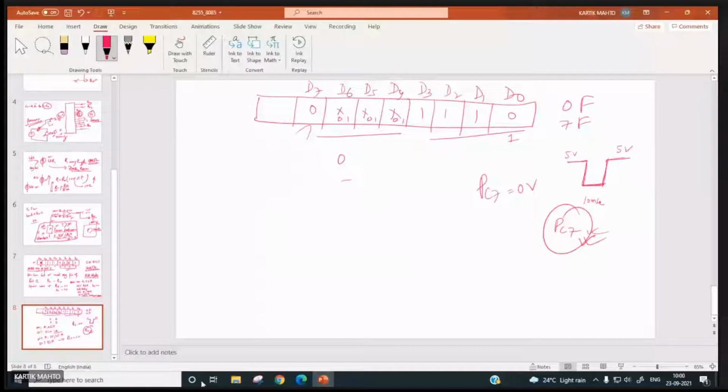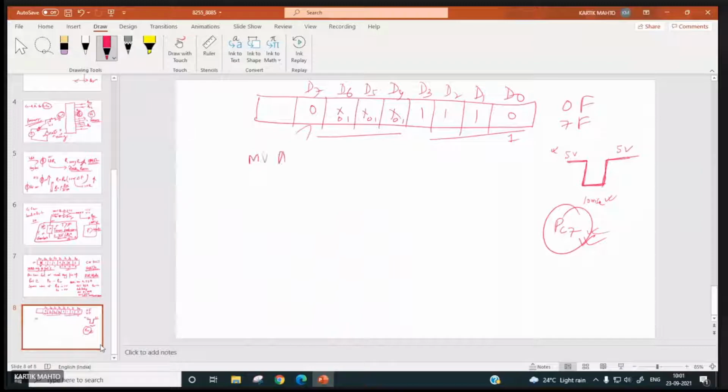First of all, you have to make PC7 5 volt. Then you have to make it 0 volt, remain there for 10 millisecond, then make it 5 volt again. So what will be our program?